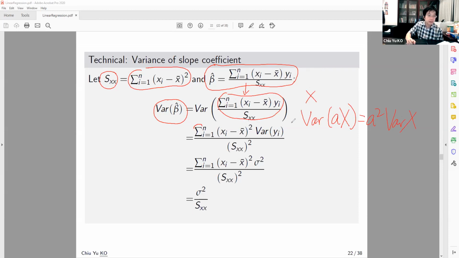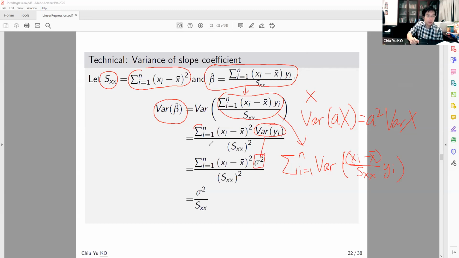So basically, it should be the summation from i = 1 up to n, and you do the variance of this first. Okay, and then this will be taken out squared, so that's why there's a square here, a square here. And the variance of this is sigma squared.